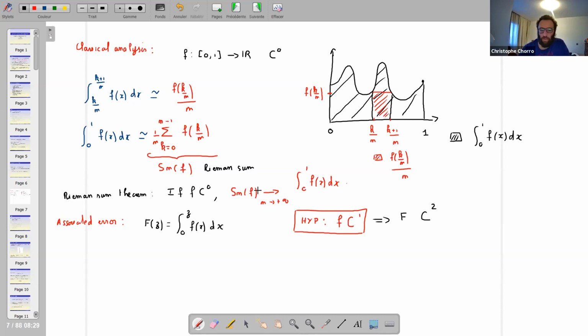And in this way, since F is of class C2, I can use the Taylor formula at order 2. So let's write the Taylor formula at order 2 for capital F between the points k plus 1 over n and k over n.